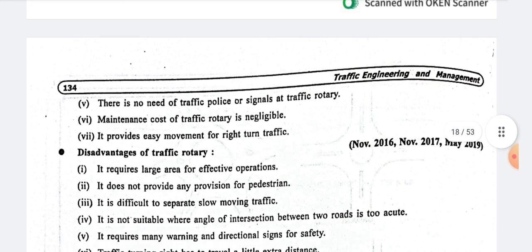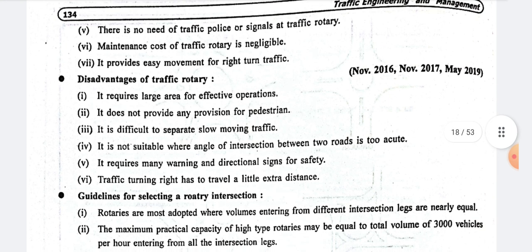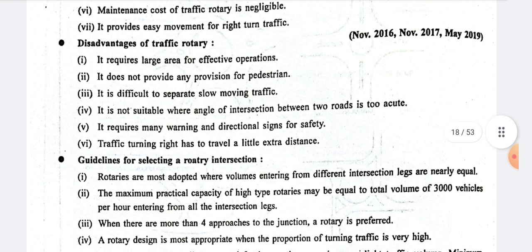And fifth one is there is no need for traffic police or a signal at a traffic rotary. And sixth one is the maintenance cost of the traffic rotary is negligible, because here no type of cost is required. It's a single construction of the circle, one type of investment. And it provides easy movement for a right turn of the traffic.